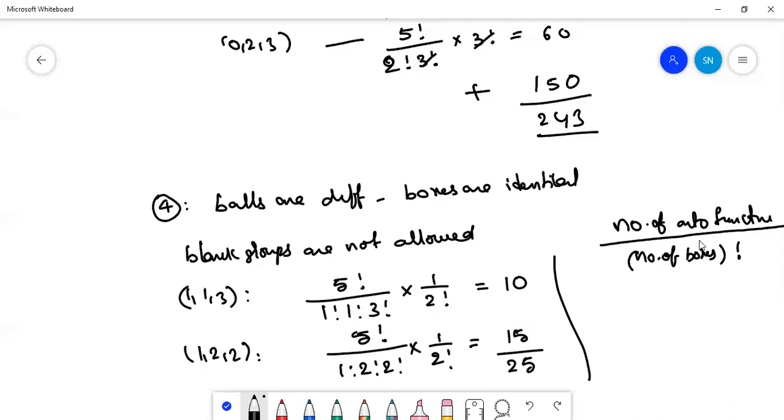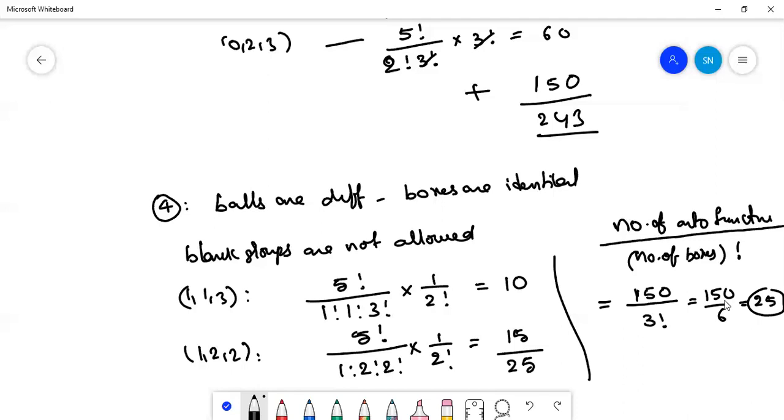Similarly, in the previous example, let me verify for you: the number of onto functions, 150, divided by 3 factorial. 3 factorial is 6, so this is nothing but 150 by 6. So this is nothing but 25.